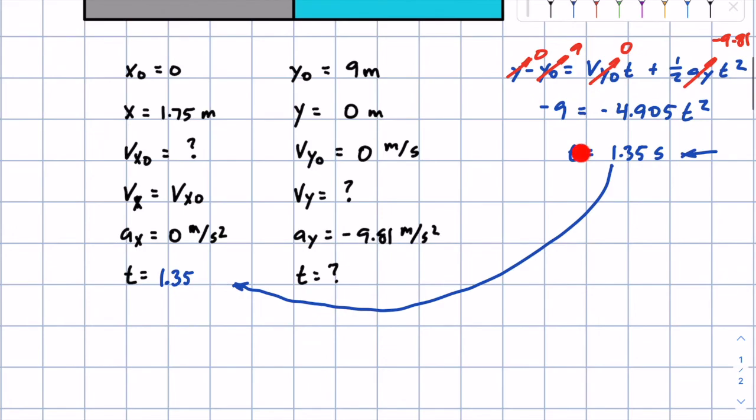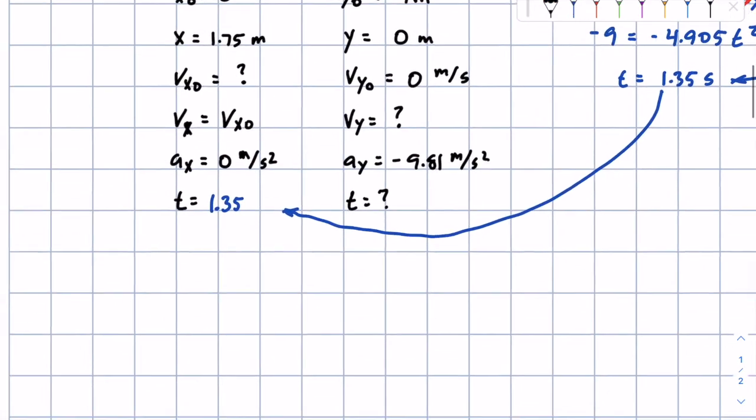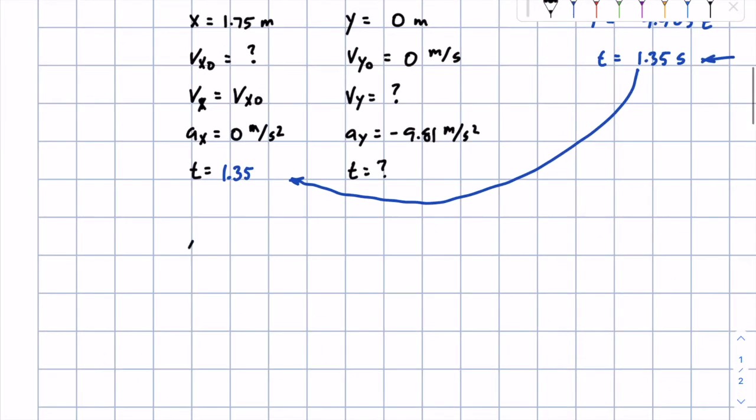Because of this time, we now know this time, we are going to be able to find this. Because look, this is the only thing that we don't know. So let's move on to the x equations, okay? So I'll do the x's in black. So we've got x minus x naught is equal to vx naught t plus 1/2 ax t squared.